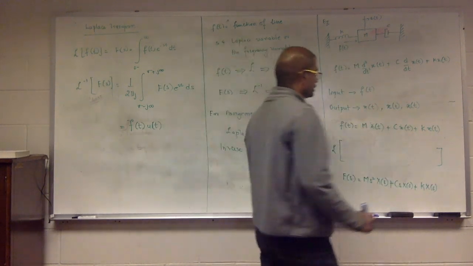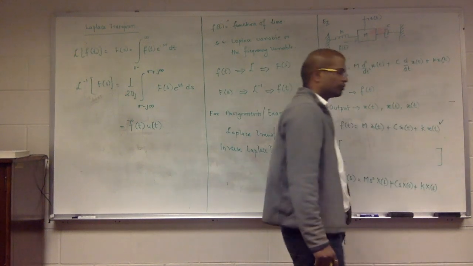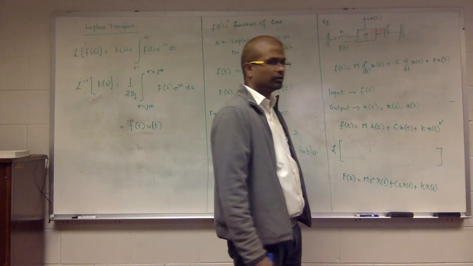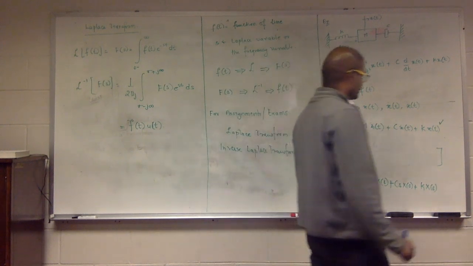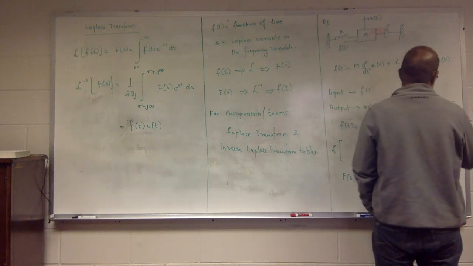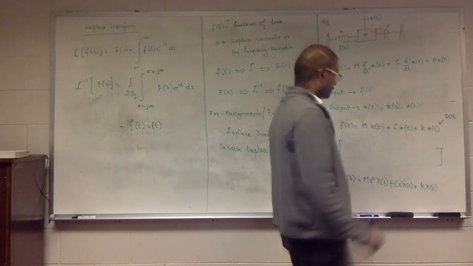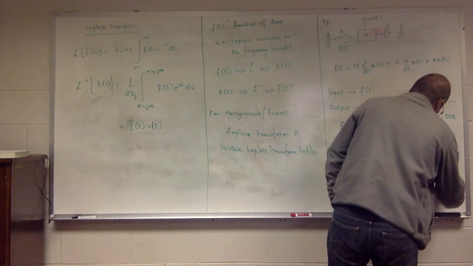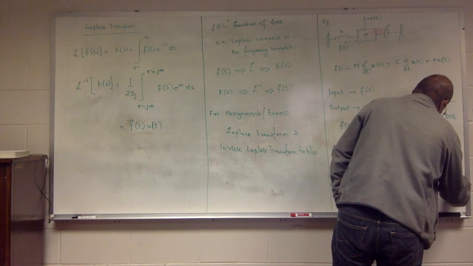So compare, what kind of equation is this? What kind of mathematics is this? This is a differential equation, right? Yes. You can say this is an ordinary differential equation, right? What kind of equation is this? This is a polynomial, right?